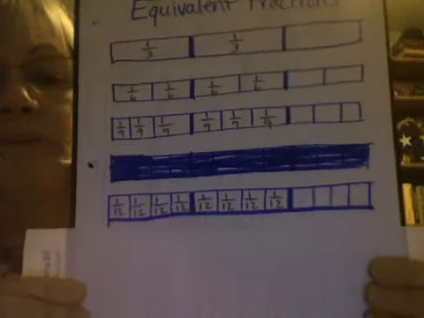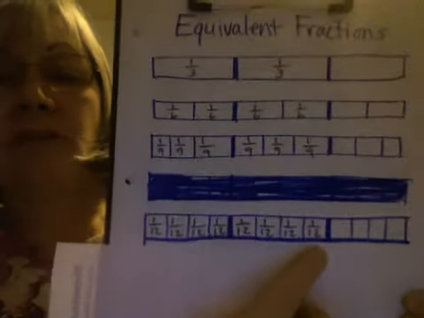The last one on this page has some even smaller pieces. That means there are lots of them, and the denominator is going to be a higher number. These parts are 12ths, and in each third of this bar there are 1, 2, 3, 4 12ths. It takes 4 more 12ths to make 2/3.